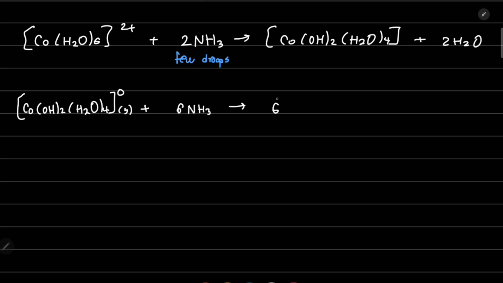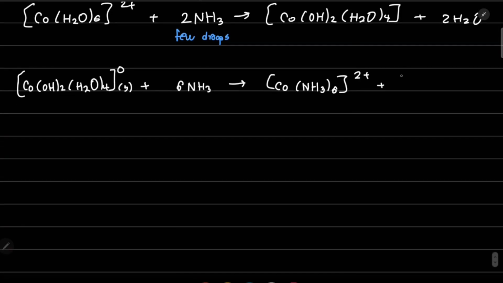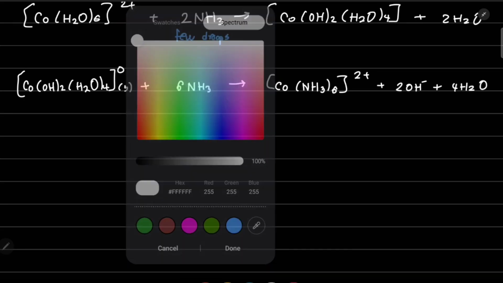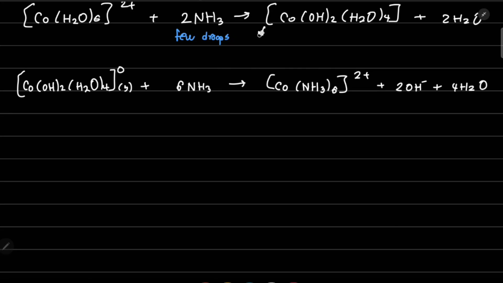This will form [Co(NH3)6]2+ and forms 2OH- and 4H2O. This over here is a deprotonation over here.